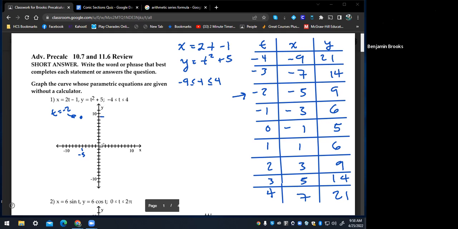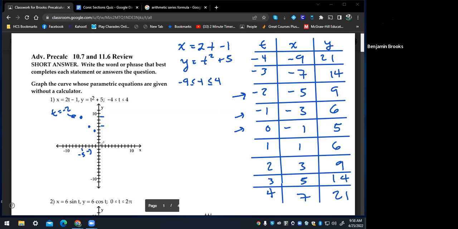When t is equal to -2, your x value is -3, and your y value is +6. So 9, 8, 7, 6. Somewhere right about here. Then when t is equal to 0, you have -1, +5. So like right about there.